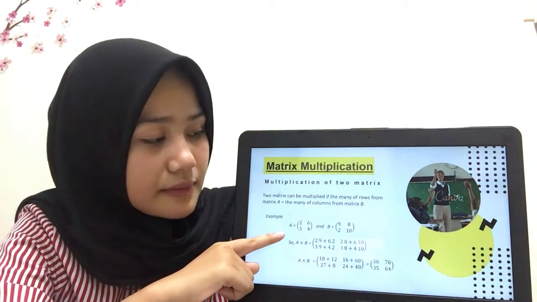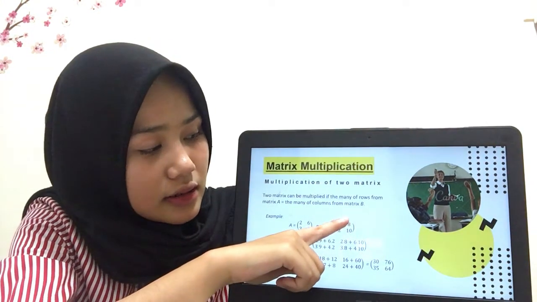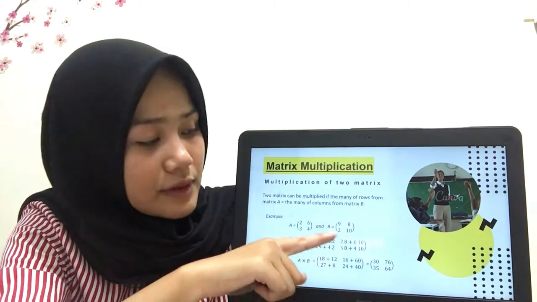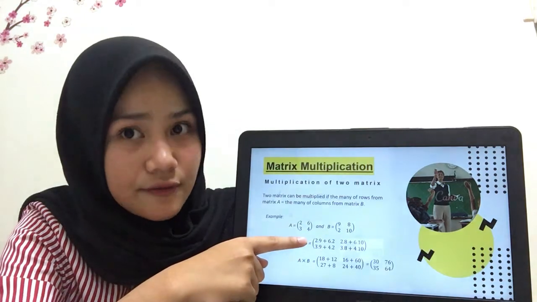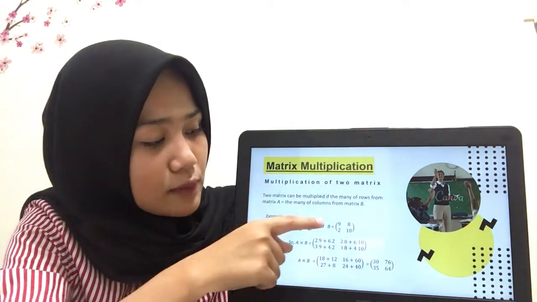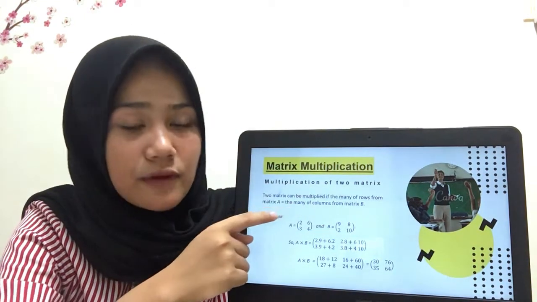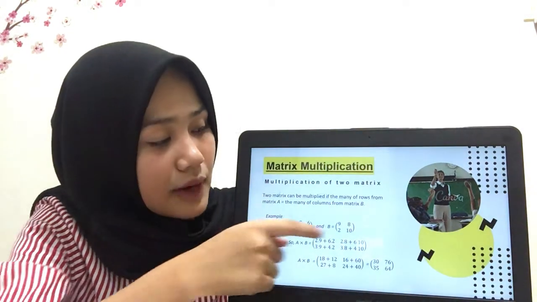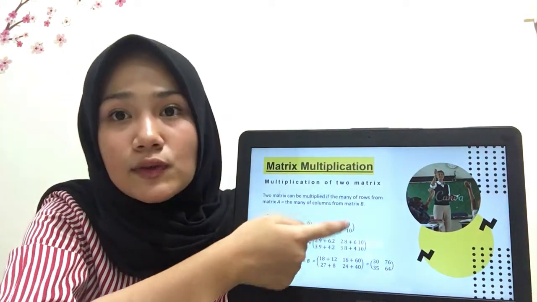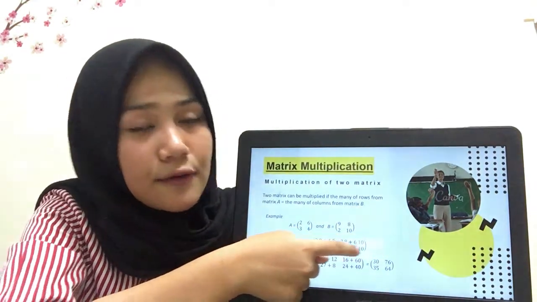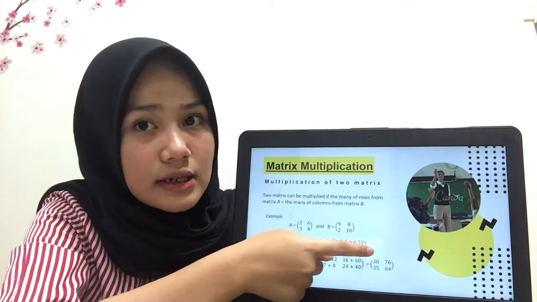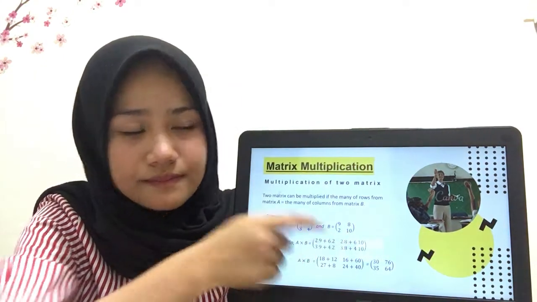by the first column from matrix B, and we put it in the first row and the first column. And then we multiply the first row from matrix A by the second column from matrix B, and we put it in the first row and the second column.